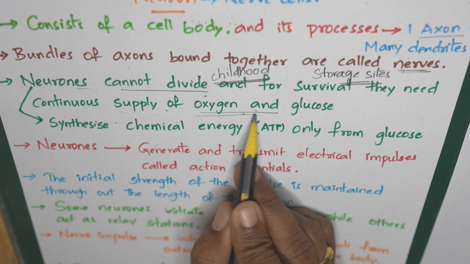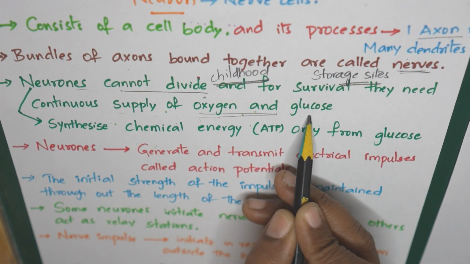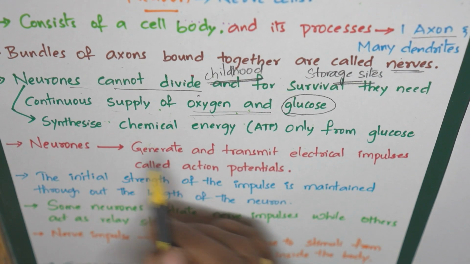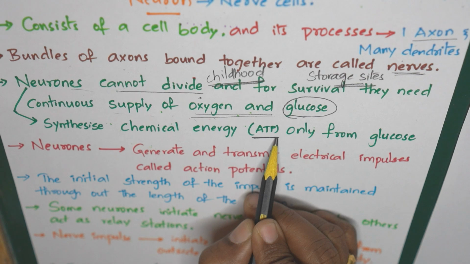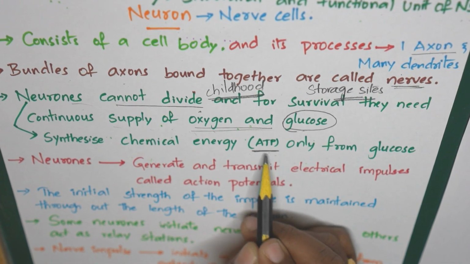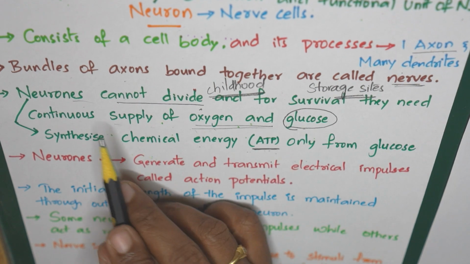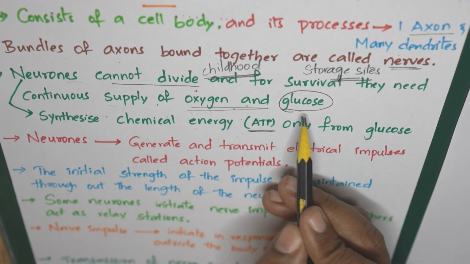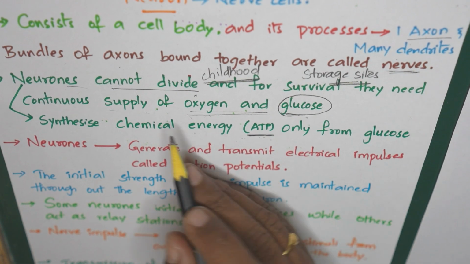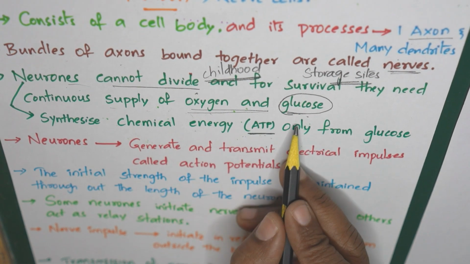From that glucose only, these neurons synthesize ATP. ATP is adenosine triphosphate, a chemical energy, and the neurons get that energy only from glucose. That is the reason they need a continuous supply of oxygen and glucose.